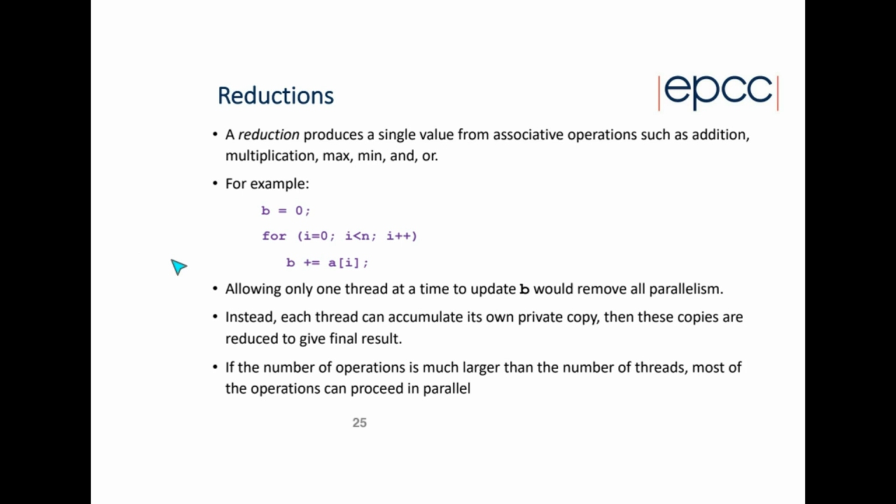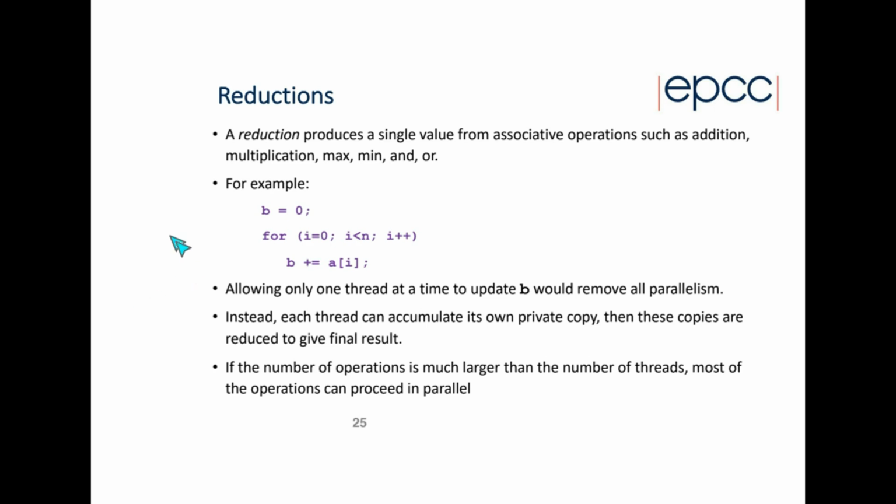So provided the value of n here is much bigger than the number of threads, then almost all those operations which are accumulating into private copies can proceed in parallel, and then we need a few synchronized operations, of the order of the number of threads, to combine the partial results at the end.